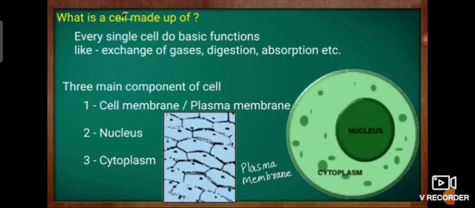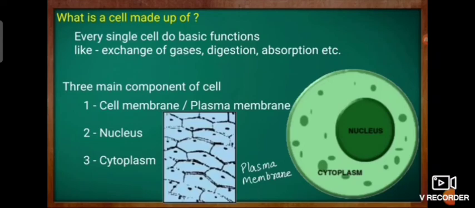Now, every single cell performs some basic functions like gaseous exchange, digestion, absorption, etc. You already know that gaseous exchange takes place through diffusion and osmosis. And digestion and absorption, these concepts are already clear, I hope.